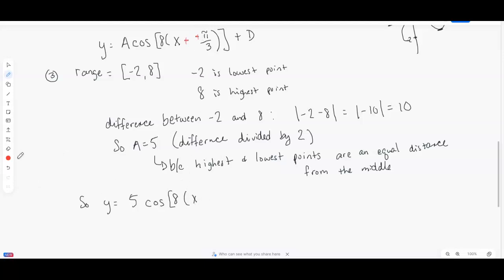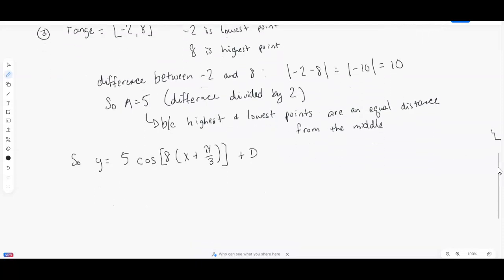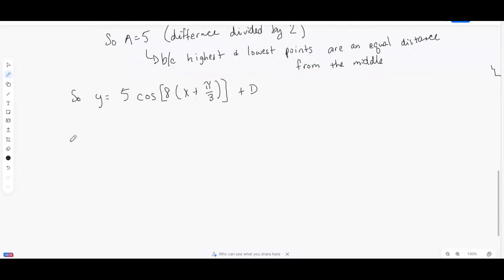So this becomes 8 times x plus pi over 3, and then plus d, right? So this is our last step of finding what our d is. And remember, d is your vertical shift.